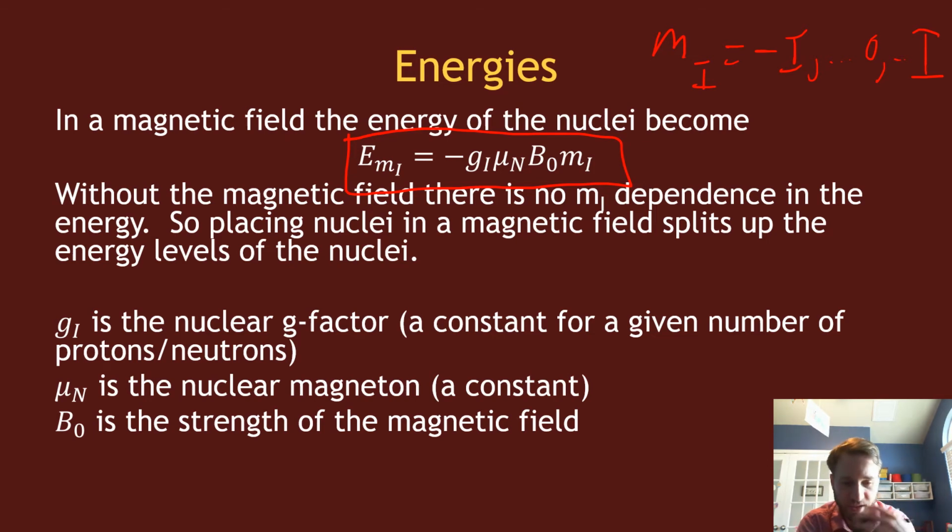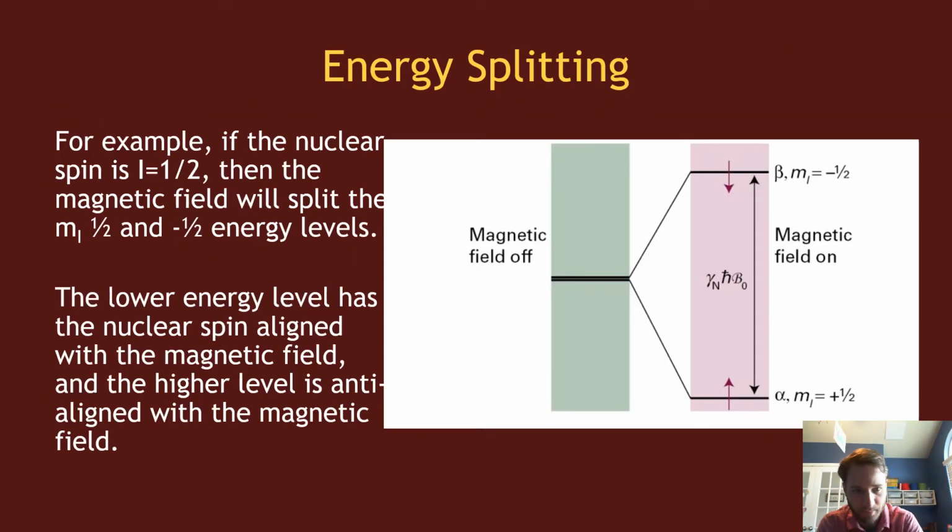So the stabilization or destabilization of a given state depends on the direction of this nuclear spin, which is given by the m sub I quantum number. The m sub I quantum number tells us the direction the spin has along a certain axis.